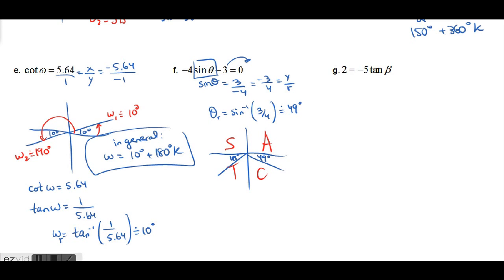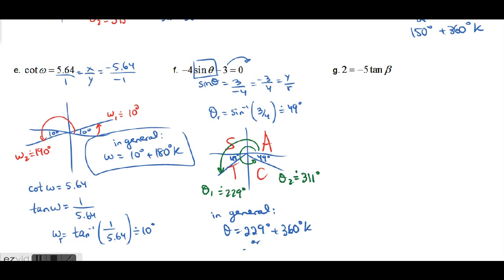Don't make the mistake of making it towards the y. So this angle here, theta 1, would be approximately 229, and this angle here, theta 2, is 311. In general, it would be 229 degrees plus a multiple of 360, or 311 plus a multiple of 360 degrees.